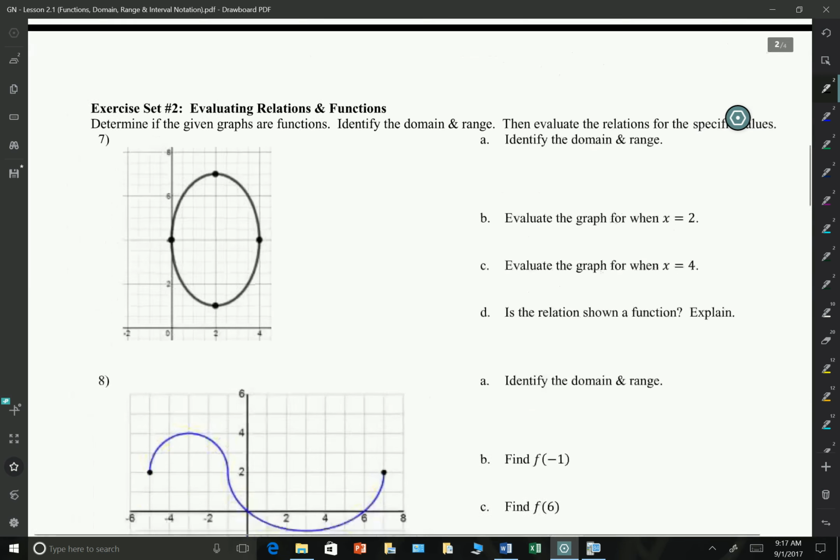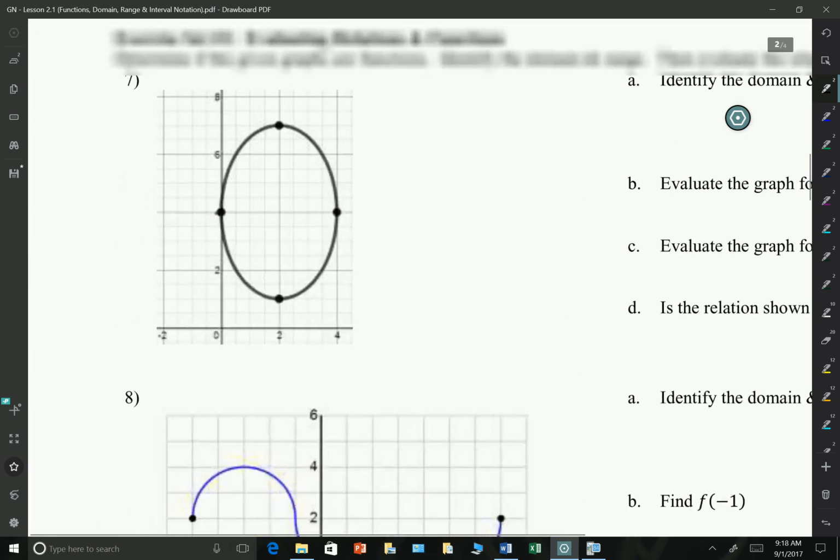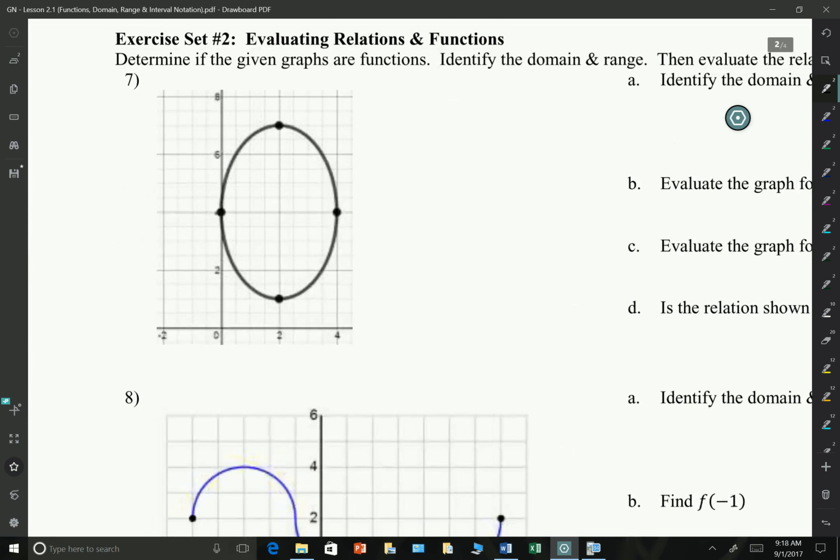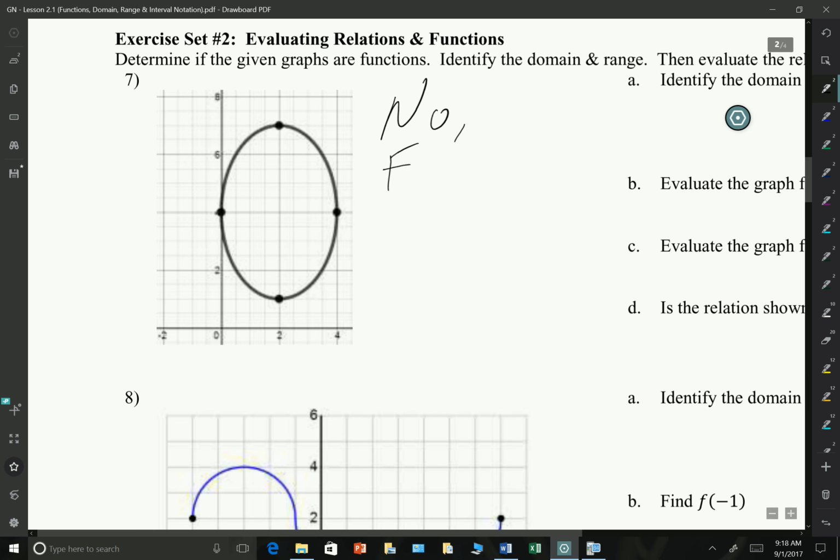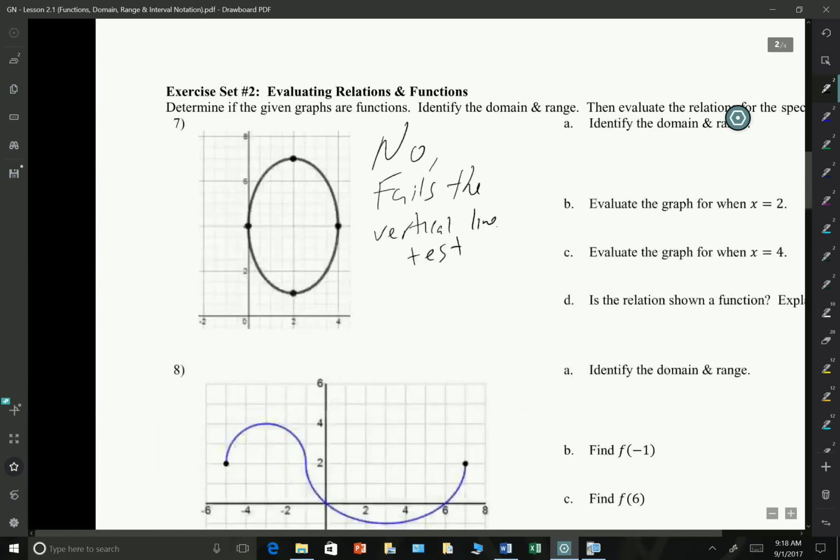Identify the domain and range. First, let's figure out if it's a function. Is this a function, yes or no? No. It fails the vertical line test. What's my domain?